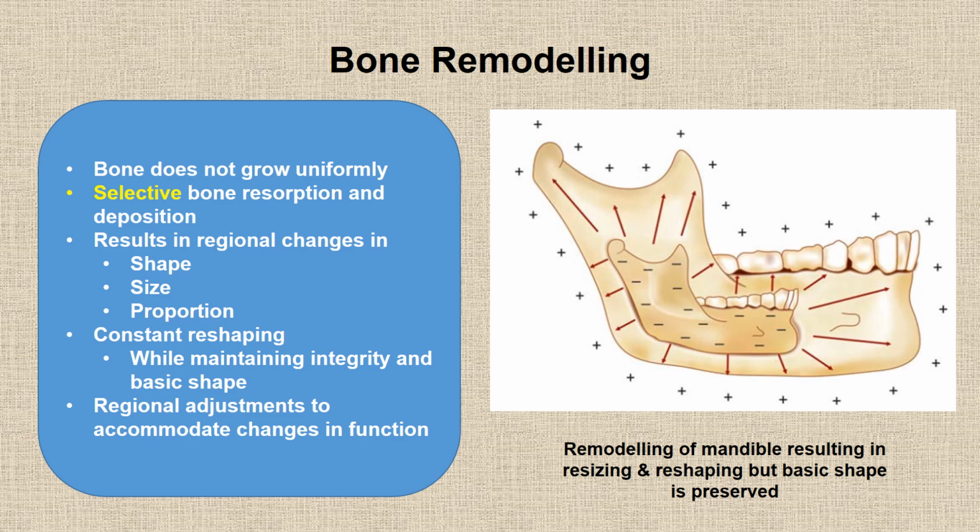This selective resorption and deposition results in regional changes in the shape of the bone, size of the bone, and the proportion of the bone. This constant reshaping maintains the basic shape and integrity of the bone. Sometimes regional adjustments are made to accommodate changes in function.